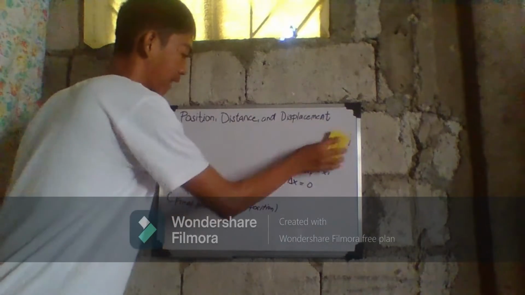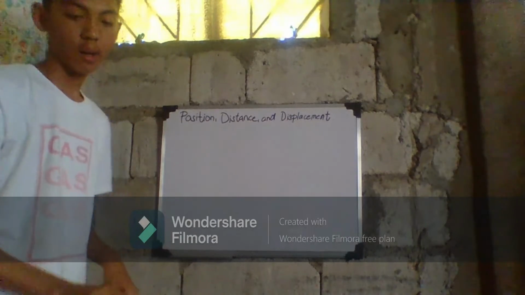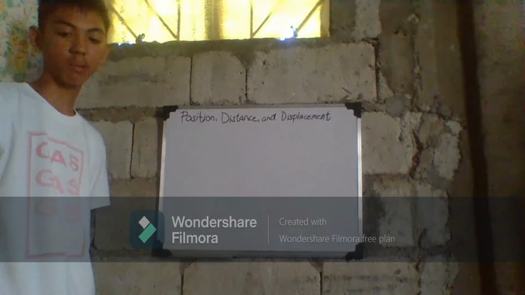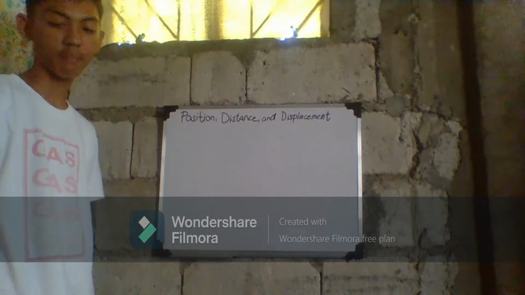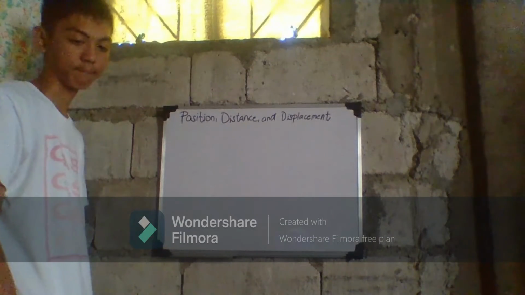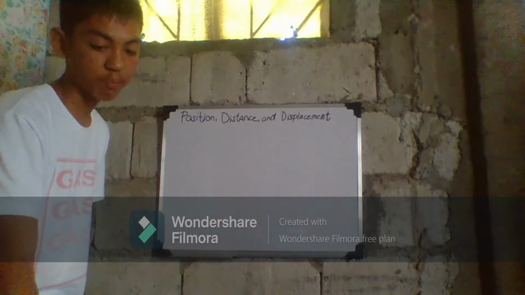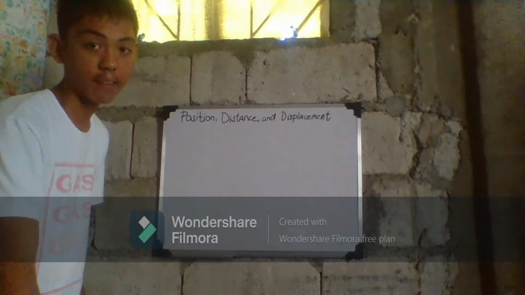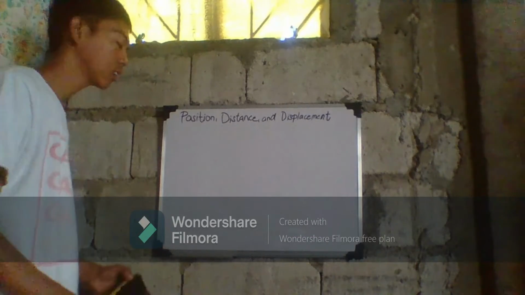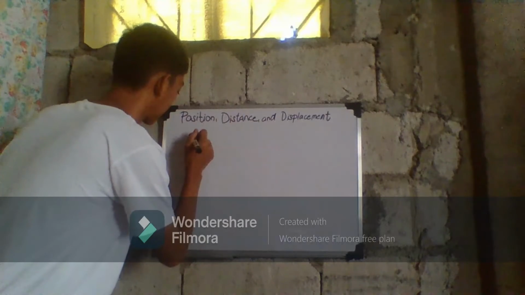Let me read our problem. From the previous example, suppose you take a trip from house A to house C and then to house B. What we need in letter A is whether the displacement for this trip is negative, positive, or 0. So, let me draw our figure again like earlier.